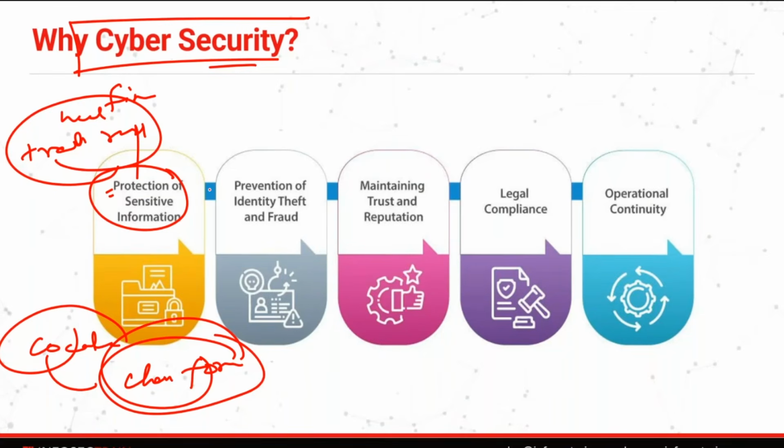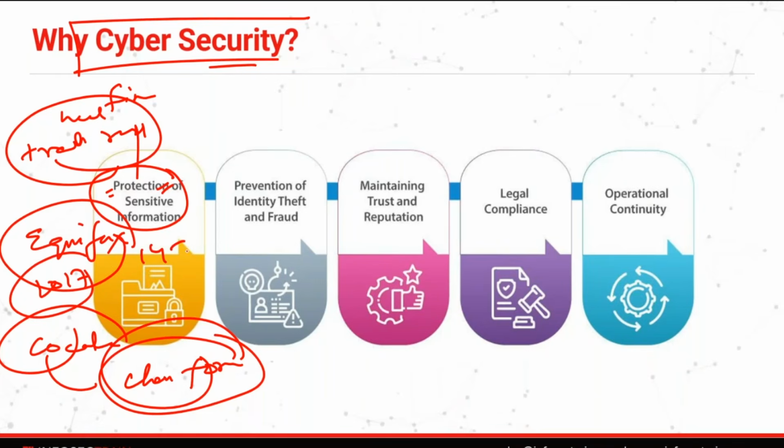So in cyber security, you need to protect that. You need to protect the sensitive information. You need to protect the customer details, customer credit card details. If they get stolen, the impact will be very, very huge. It will be very massive. Like in the case of the Equifax organization, in 2017, around 147 million people of the US had their credit card details leaked.